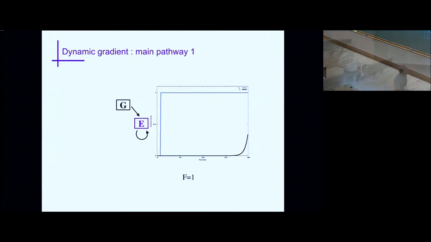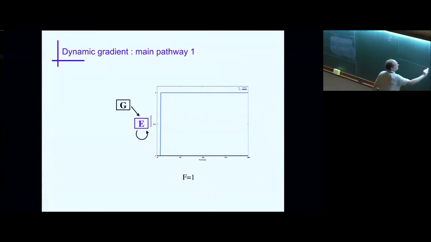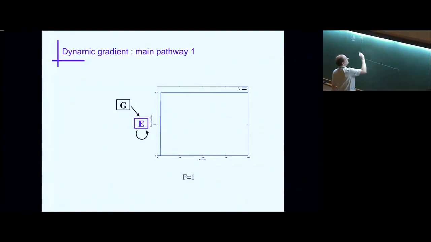So let's consider what happens in one cell on the left and one cell on the right. In the cell on the left, G of t is something like this, and E is turning on and maybe dying off. So that's E of t.